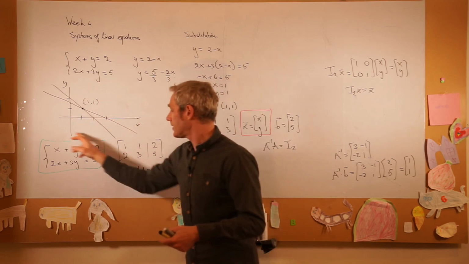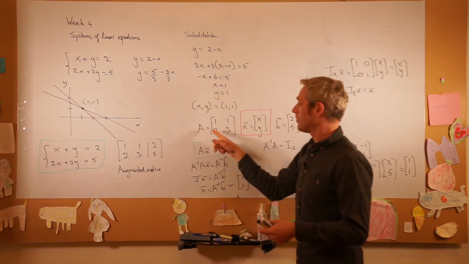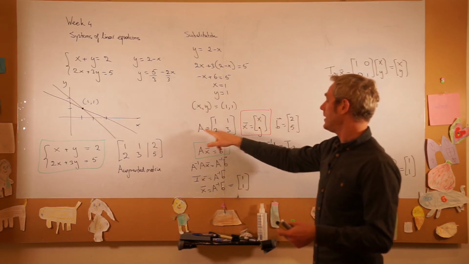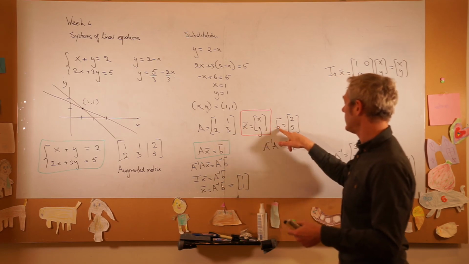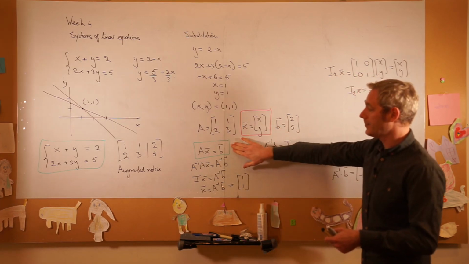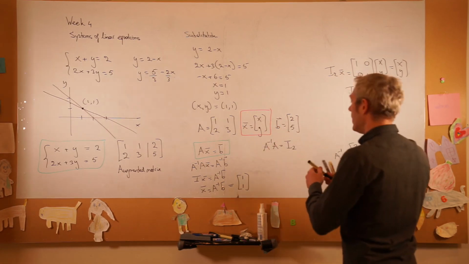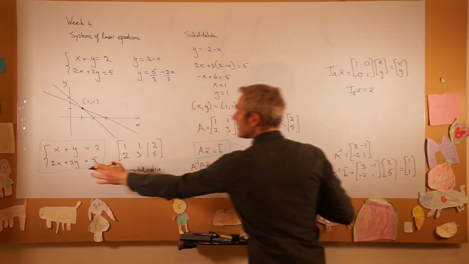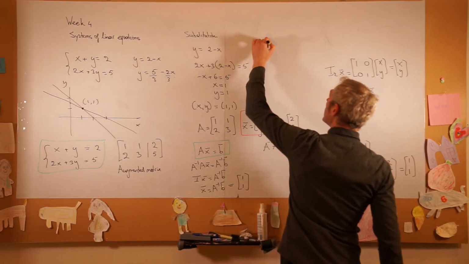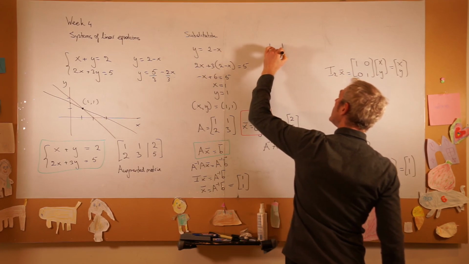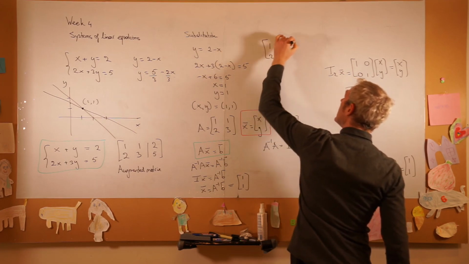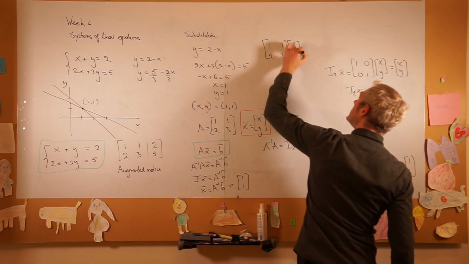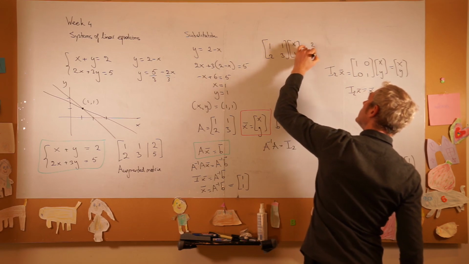We can write this system as a multiplication of a matrix and a vector which is equal to a vector, so this form here. And I'll write it out here: this system of equations is equal to 1, 1, 2, 3 times x, y is equal to 2, 5.